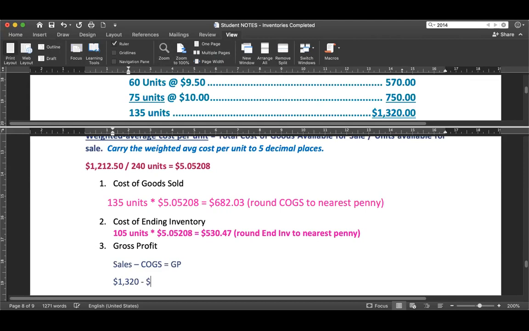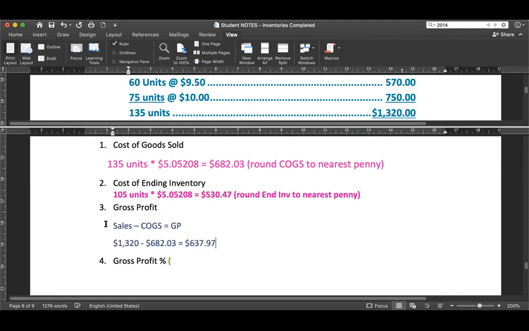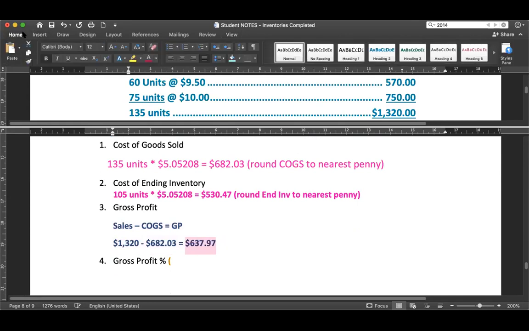We said the cost of goods sold was 682.03. That would give us our gross profit of $637.97. Okay, so our gross profit is, as we just calculated.